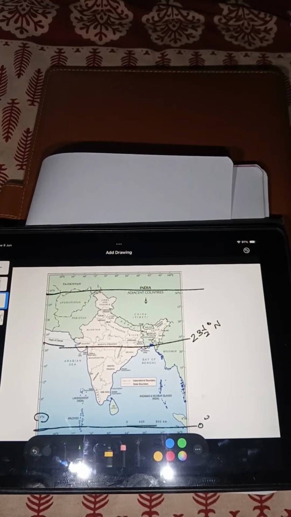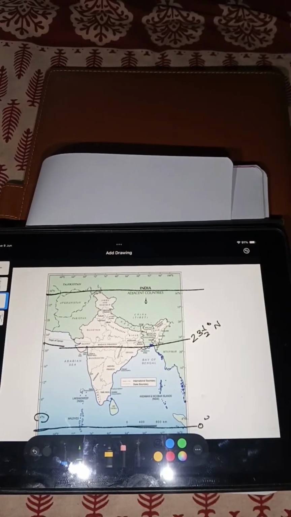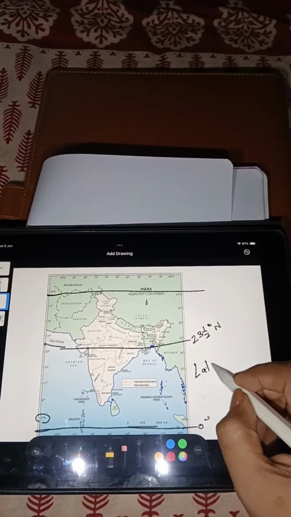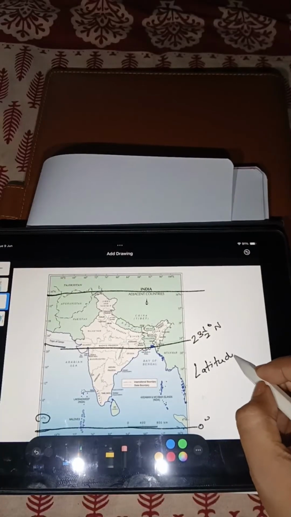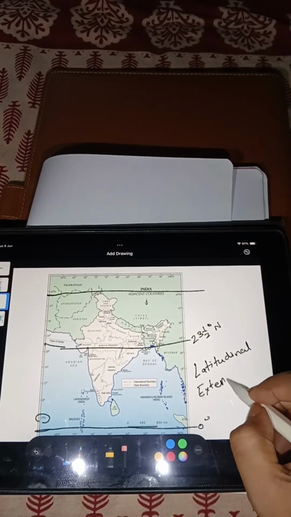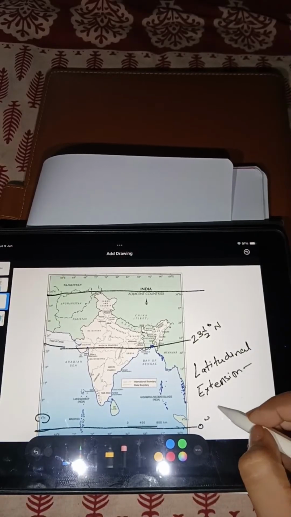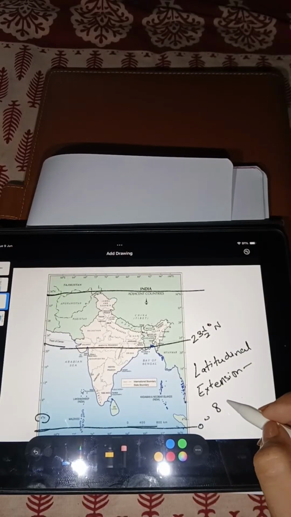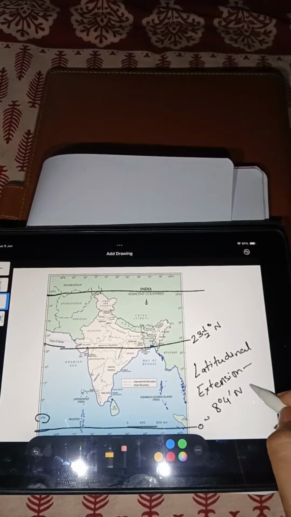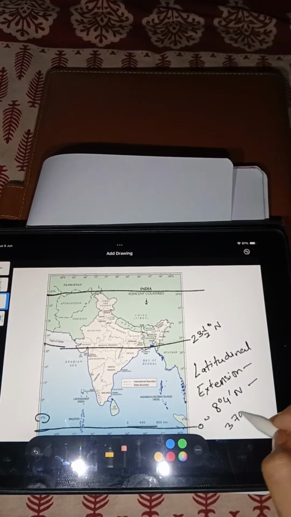India is a vast country. So the mainland extends between latitude 8 degree. So the Indian latitudinal extension is 8 degree 4 minutes north to 37 degree 6 minutes north.